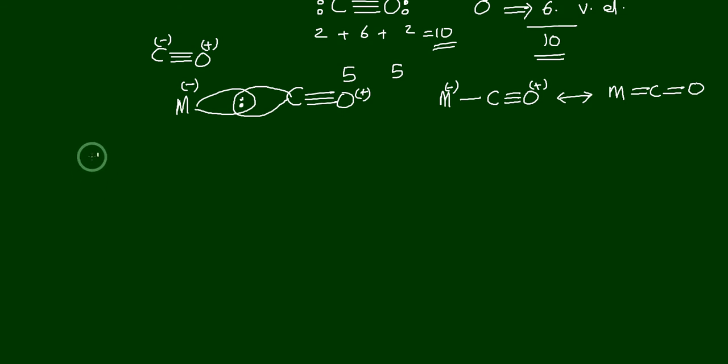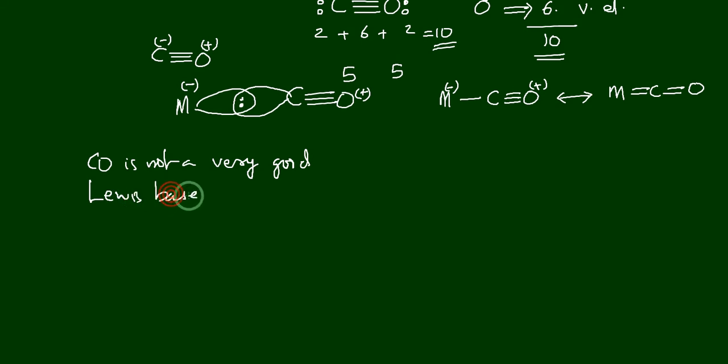What is a Lewis base? If a ligand can donate its unshared pair of electrons to the metal, then we can call that ligand a Lewis base. Carbon monoxide is giving the unshared pair of electrons to the metal, therefore we can call carbon monoxide a Lewis base, right?